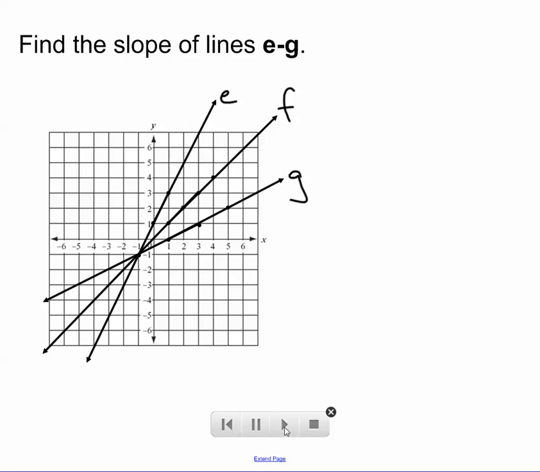All right, pay attention here. Slope is the rise over the run. Some might call it the vertical change over the horizontal change. Vertical is up and down, horizontal is left and right. So the vertical change over the horizontal change, or the rise over the run. So for line E, let's start at this point over here, and go to that point.